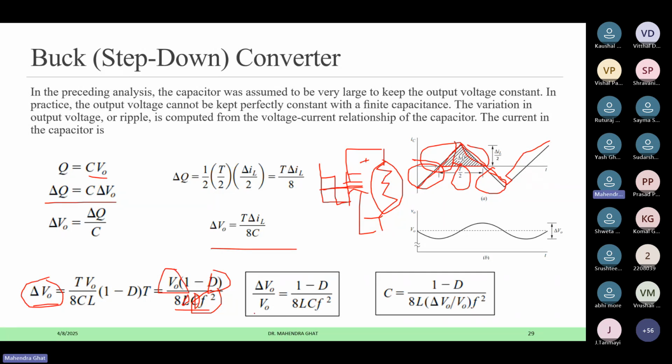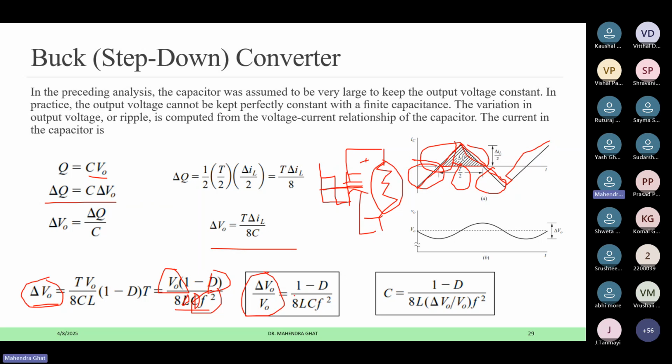Then if I take the ratio, because the requirement will be given in terms of the ripple ratio of the voltage. So I can say 5% of ripple voltage I can accept for the load. If my output voltage requirement is 5 volt and 5% of 5 volt I can accept, then that value is nothing but delta VO by VO.